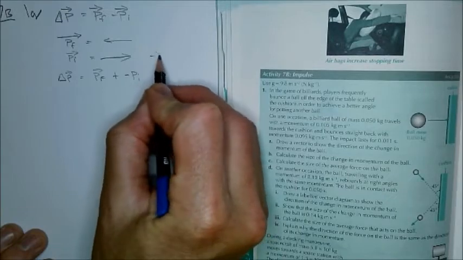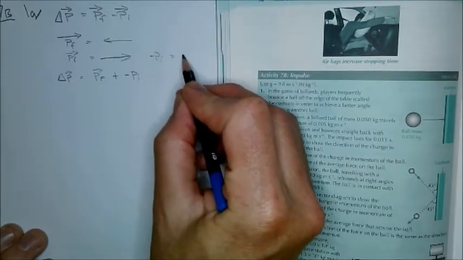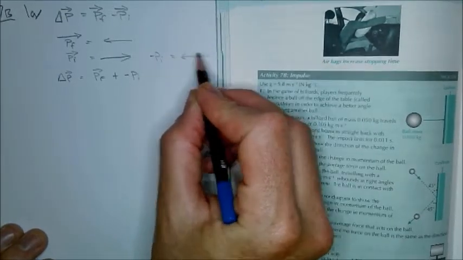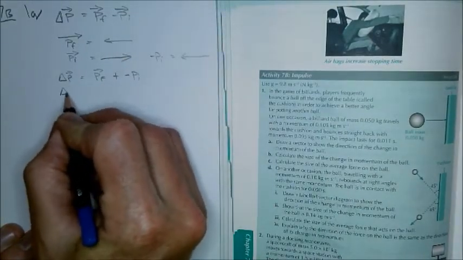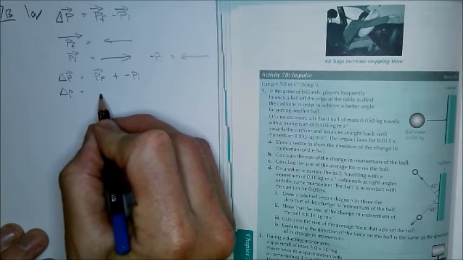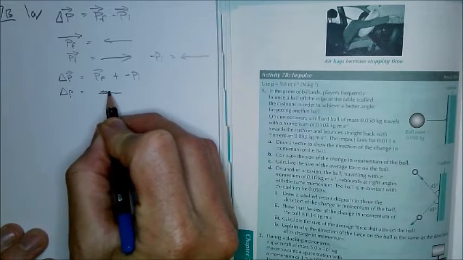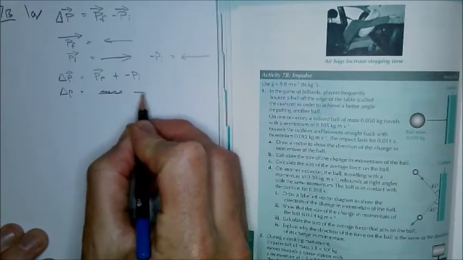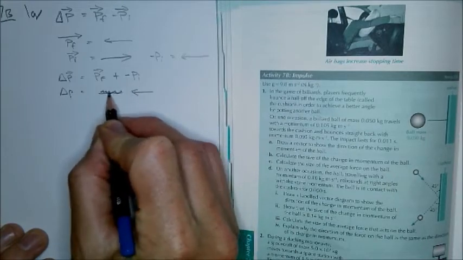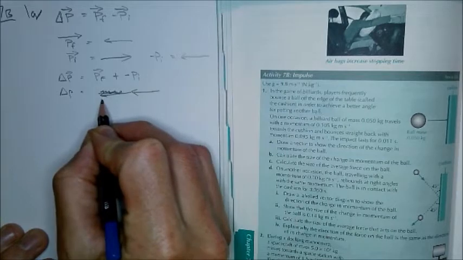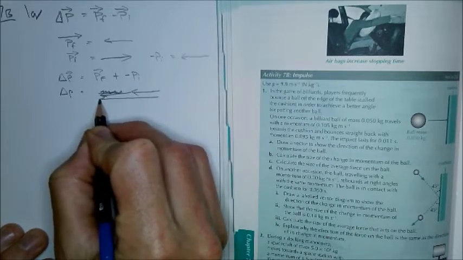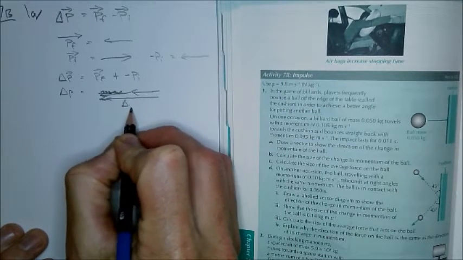And negative pi is a vector that way, slightly larger than the pf. Oh, sorry, pf is this one. So it's that one, followed by the slightly larger one, and this is the resultant delta p vector.